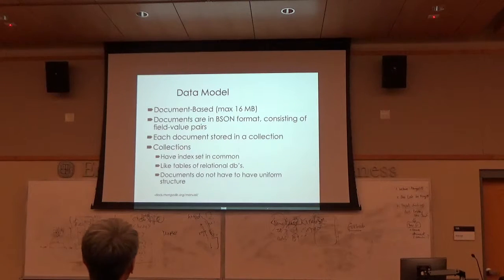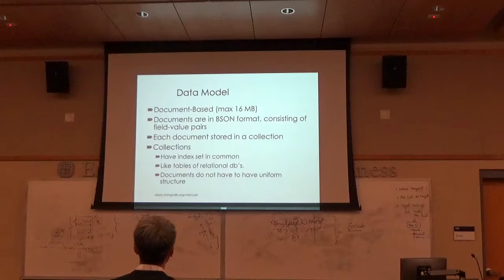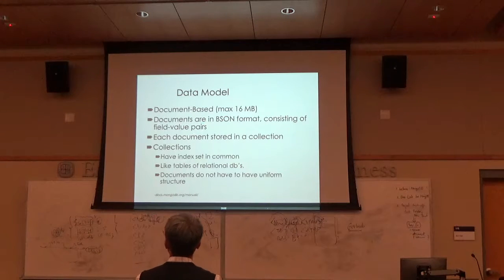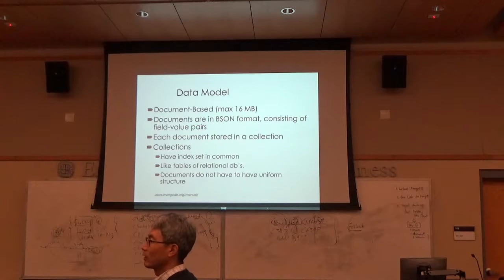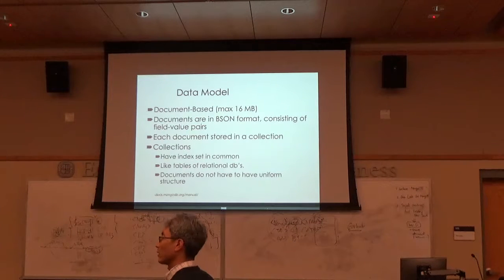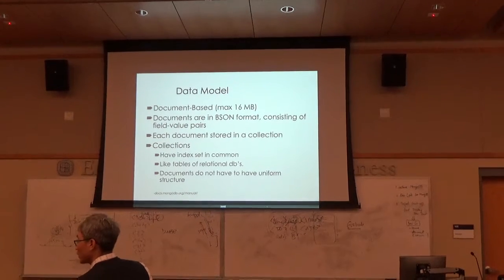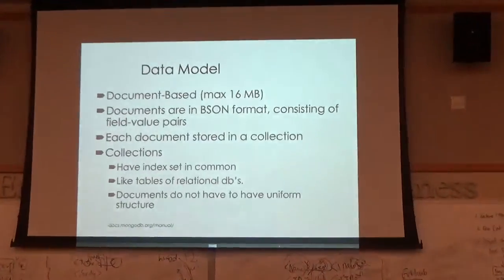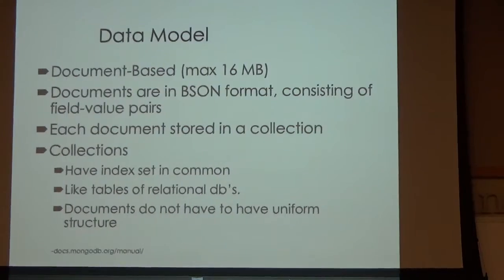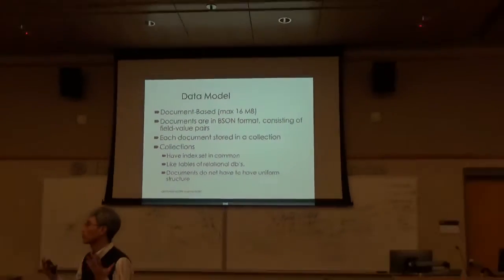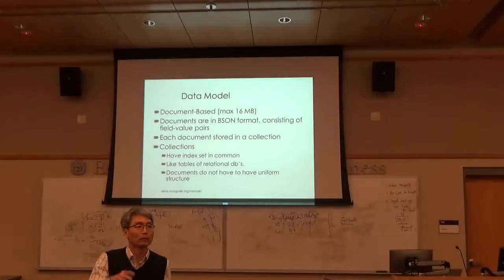Document will be stored in BSON file format, and that has field and value pairs, always a field and value pair. Who provides the field? The user, directly, when they insert or create. Whatever you want, you can create a new field every time.